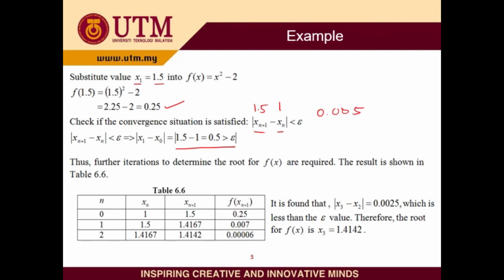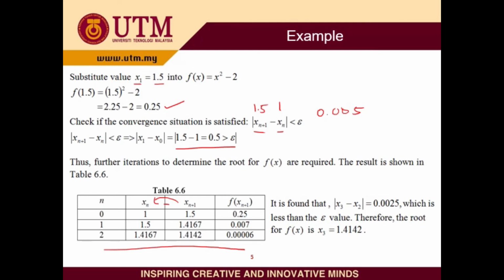Use the iteration from the previous slides, and then you do this table. Here we can see directly your x0, x1, and your f(x1), and then your next iteration where you have 1.5, and you get your x n plus 1, which is x2 now. Continue until x n plus 1 minus x n is less than 0.005, then you can stop.